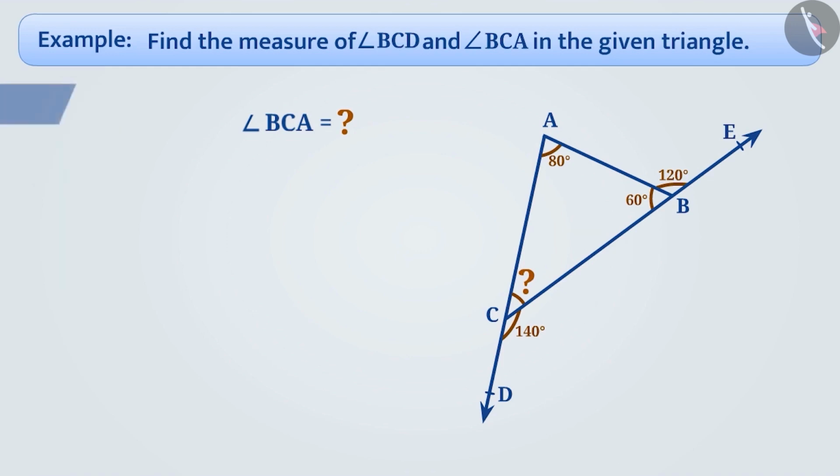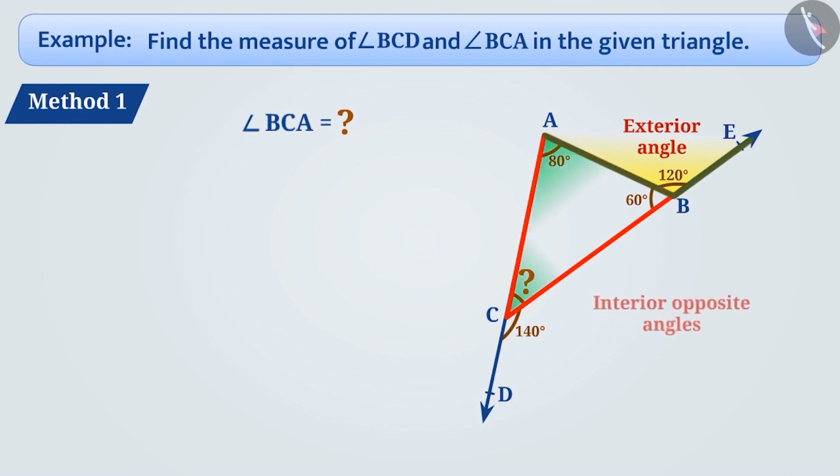We can find it using different methods. Here we can see that angle ABE is the exterior angle of triangle ABC, and angle BCA and angle CAB are the two interior opposite angles of angle ABE.